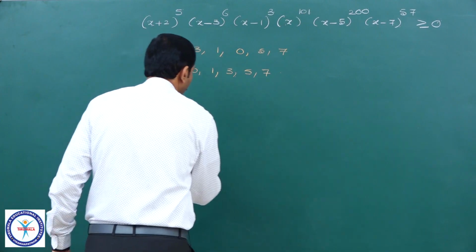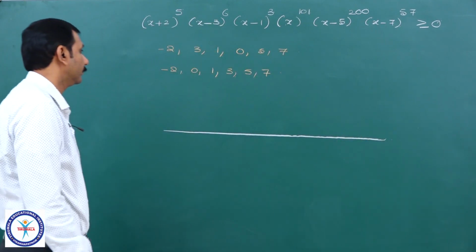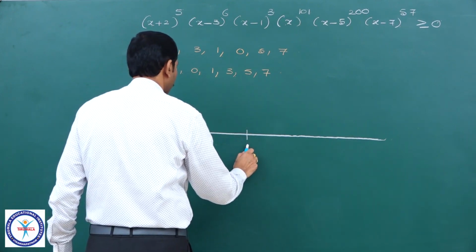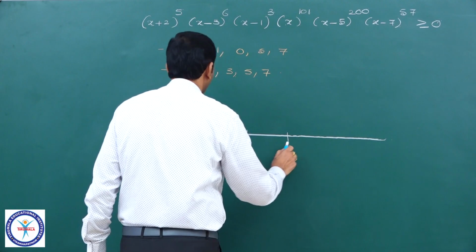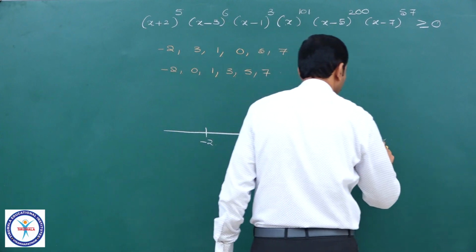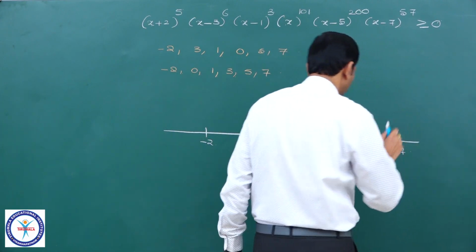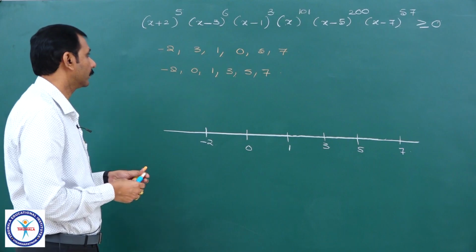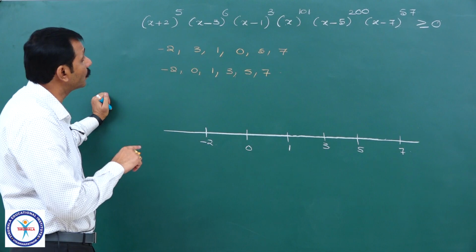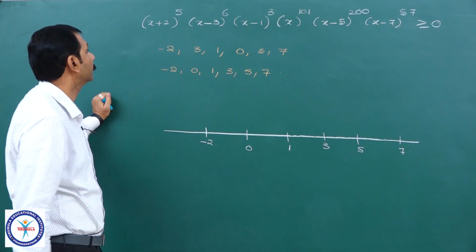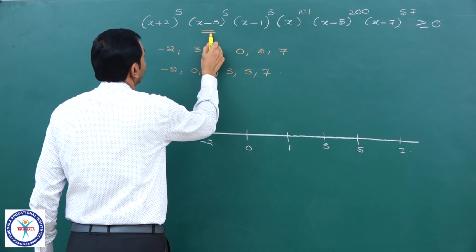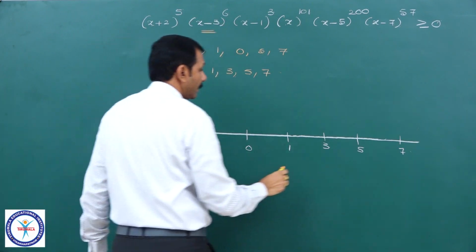Let us mark all these on the real line: minus 2, 0, 1, 3, 5, 7. Now observe this. What are the expressions whose powers are even? Powers are even means yes, it is this: x equal to 3 means even power here.